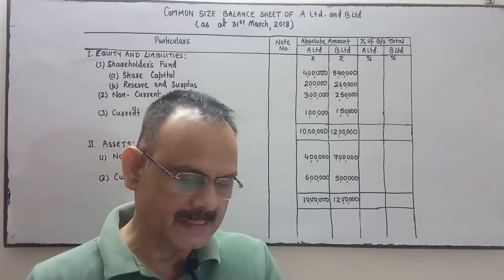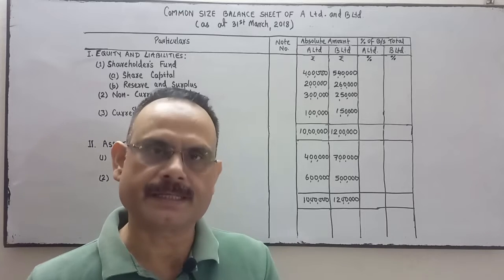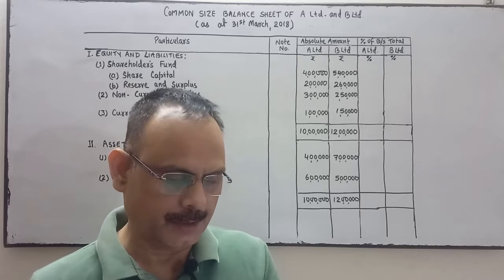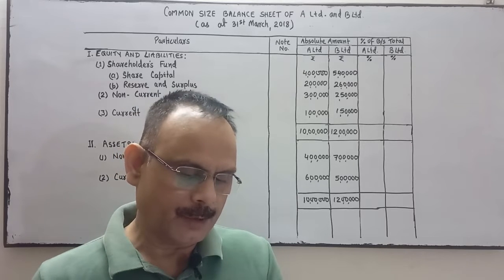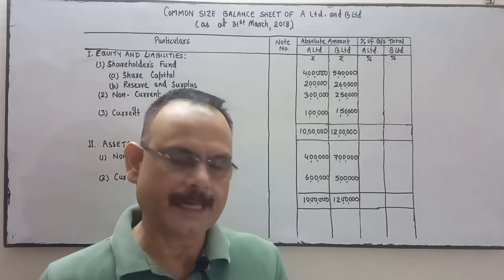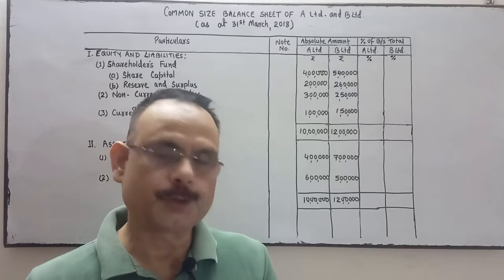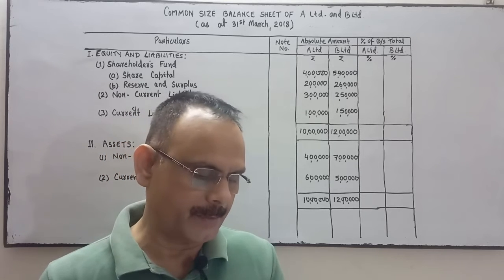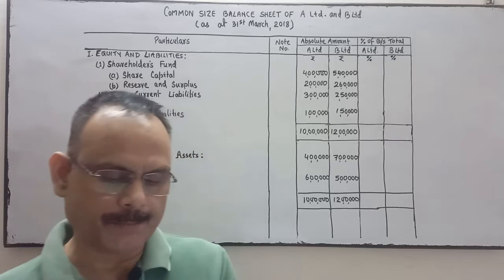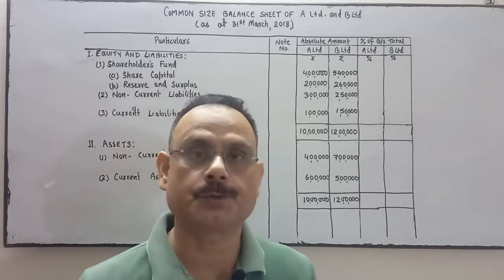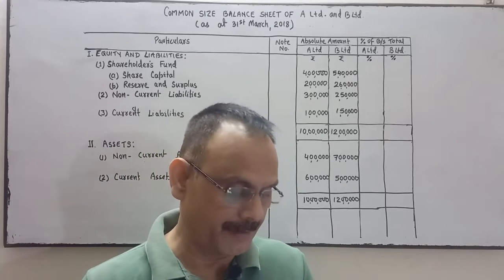Prepare a common size balance sheet and comment on the financial position of A Limited and B Limited. There are 2 companies, A Limited and B Limited. Balance sheets of A Limited and B Limited as at 31st March 2018 are given below.